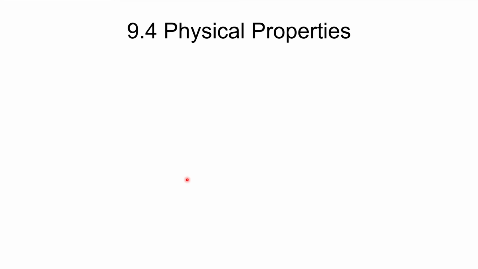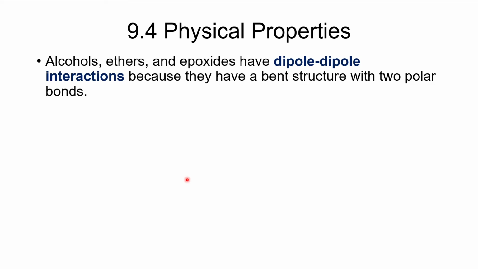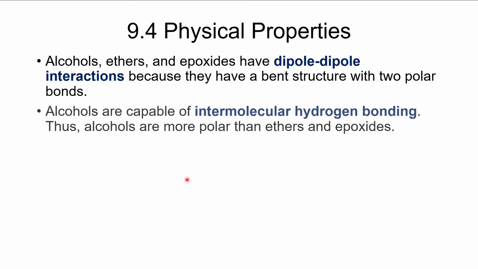For the physical properties, the number one thing that will dictate them is that we've got a whole bunch of polar bonds here. The carbon-oxygen and the carbon-hydrogen bonds are all polar, and so we get extensive dipole-dipole interactions. With the oxygen-hydrogen bonds, the alcohols are capable of intermolecular hydrogen bonding, and therefore they're going to have stronger intermolecular forces.